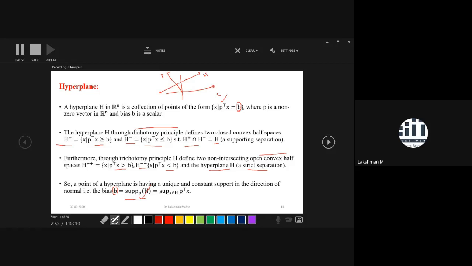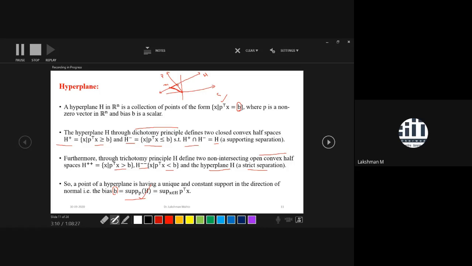Suppose you take this point x1. Draw the position vector and project it orthogonally in the direction of p.